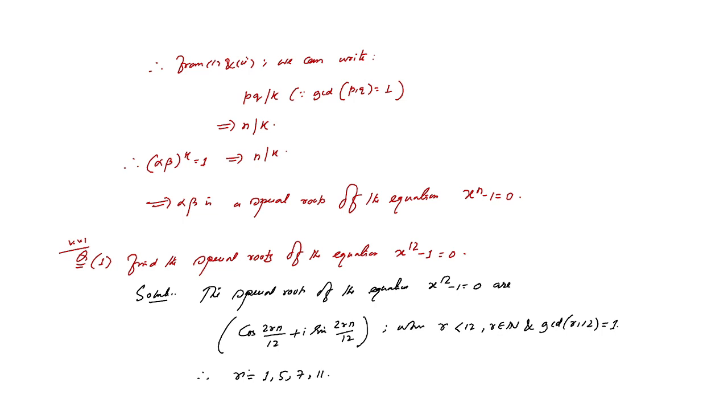So thus the special roots are cos 2r pi by 12 plus i sin 2r pi by 12, where r equals 1, 5, 7, 11.